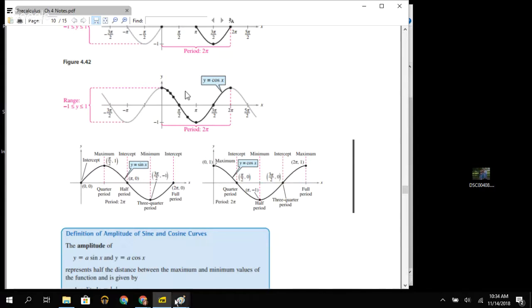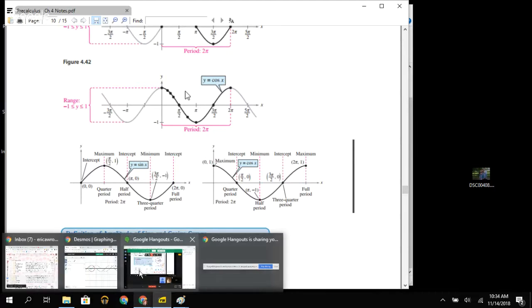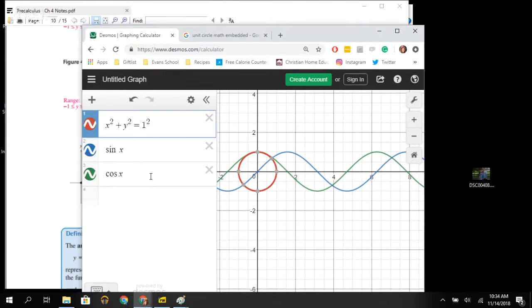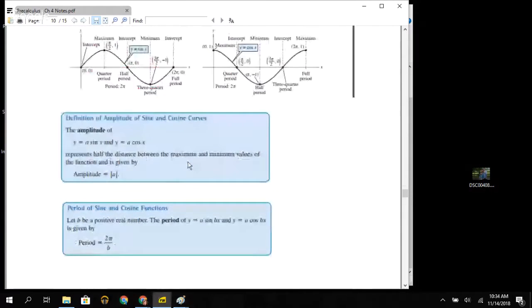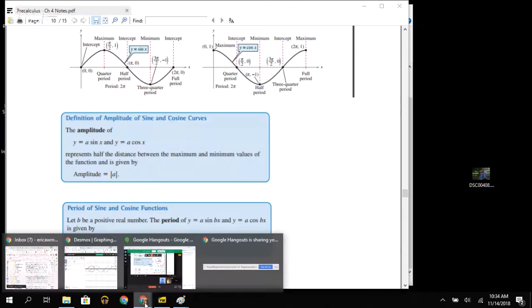Pretty neat, huh? It's kind of fun to play with. Cool to look at, right? Okay. So then, but wait, there's more, right? Well, let's just talk about the standard sine curve.